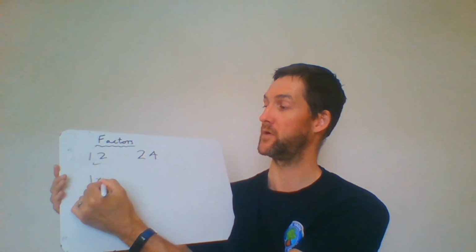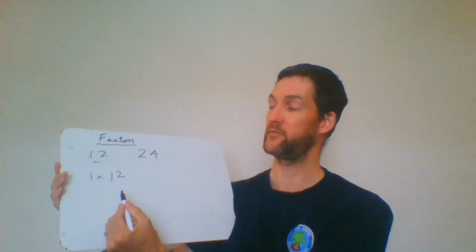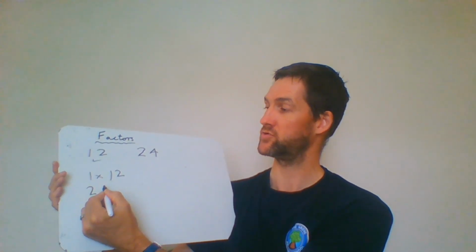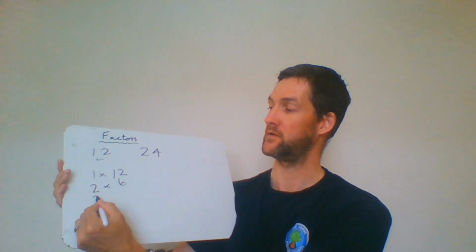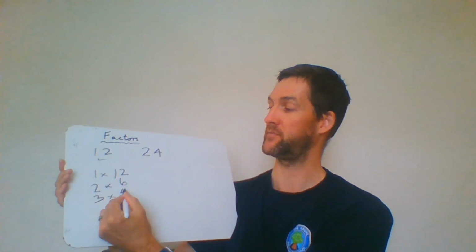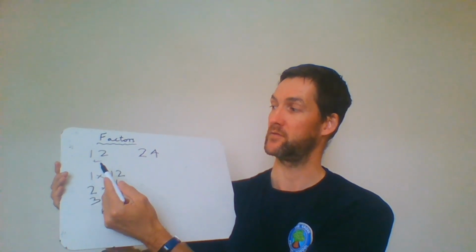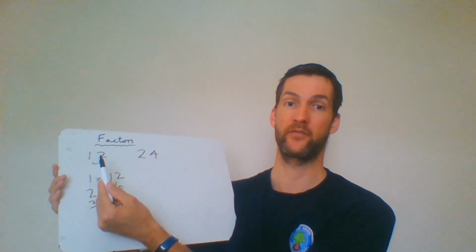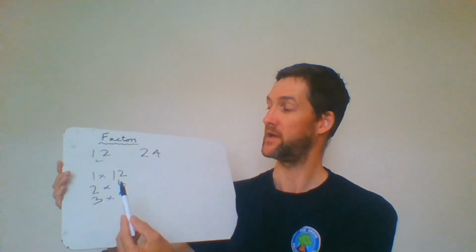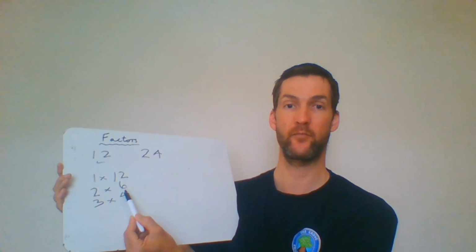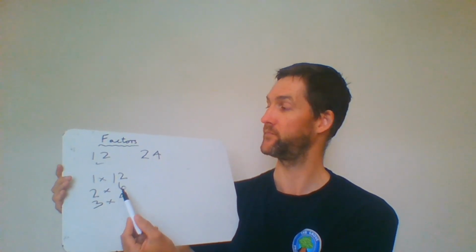Well, we know 1 times 12 is 12. 2 times 6 is 12. 3 times 4 is 12. 5 is not a factor of 12. 12 divided by 5 leaves a remainder. And then 6, we've already worked out that 6 is a factor. Therefore, we can stop there.